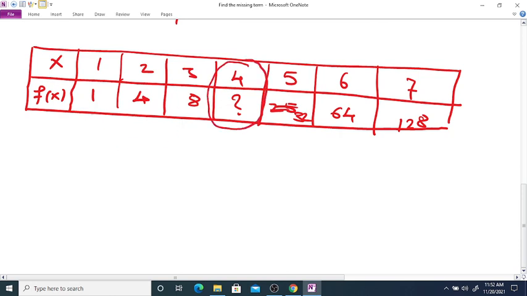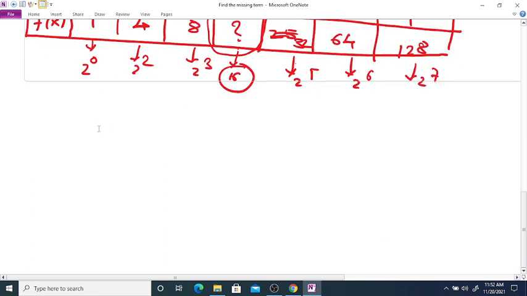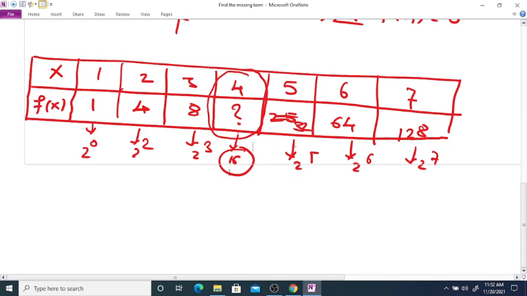You can observe here it is 2 raised to 1, 2 raised to 2, 2 raised to 3, this is 2 raised to 5, 2 raised to 6, and this is 2 raised to 7, that is 128. This may be 2 raised to 4, that is 16, but since we are going to apply an approximate interpolation method, it is not exactly 16, or it may be 16 or very close to 16.